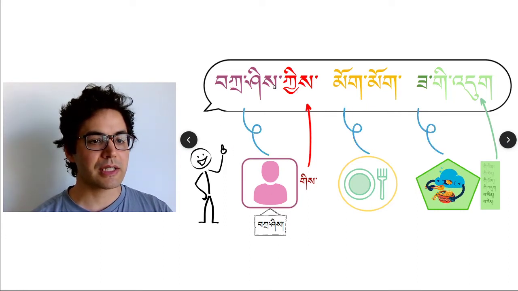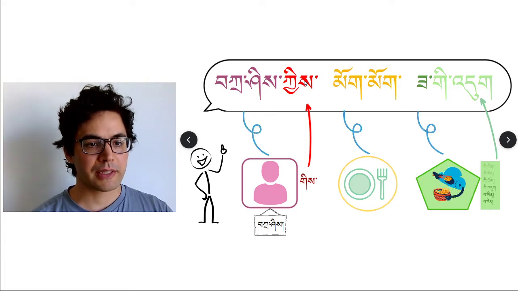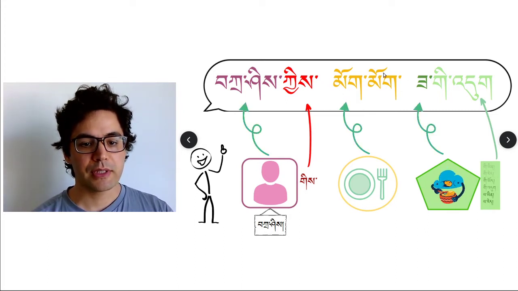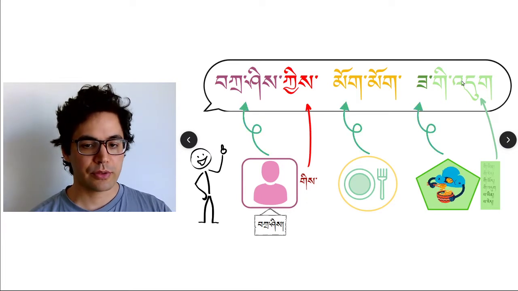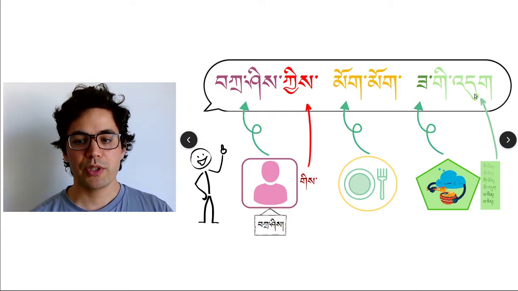So we have trashi ki. The ki marks the subject. Then what is eaten is momo. And then we have the action, sa, the verb, together with its conjugation, gido. So all together, trashi ki, momo, sagido.